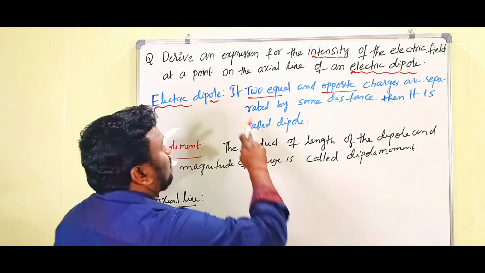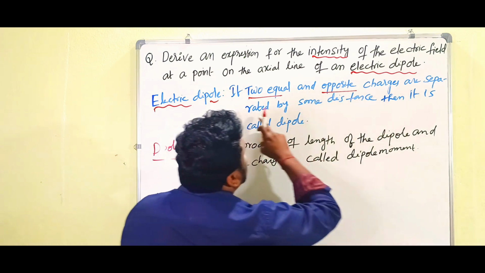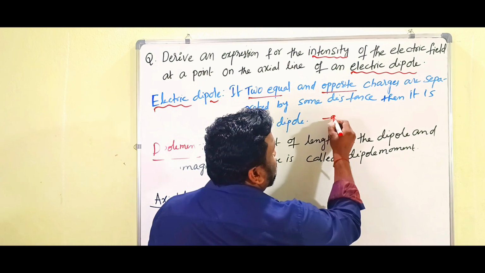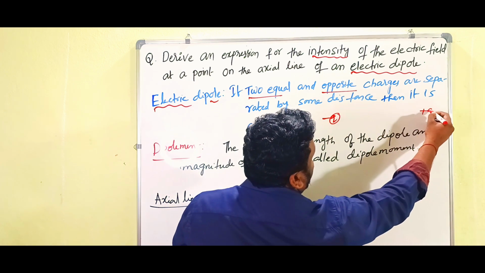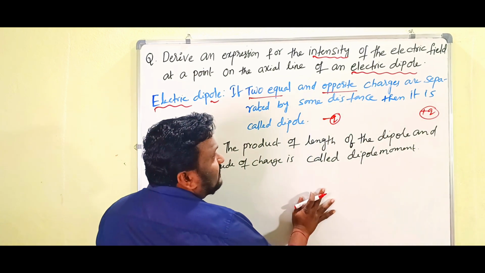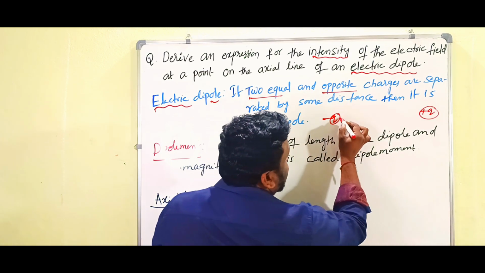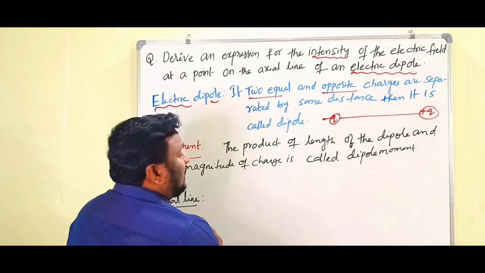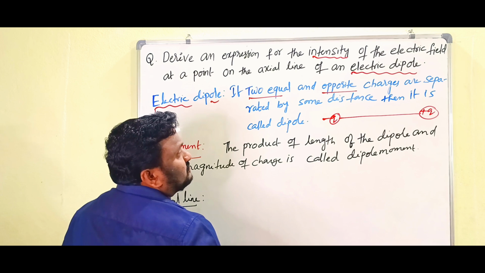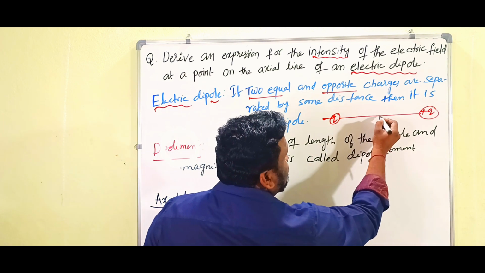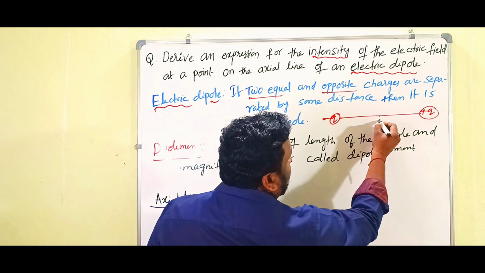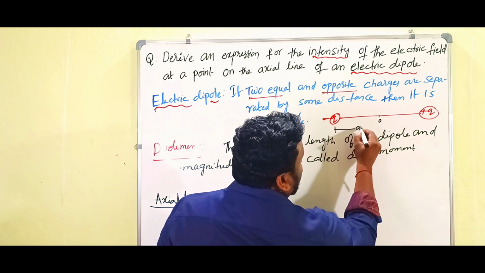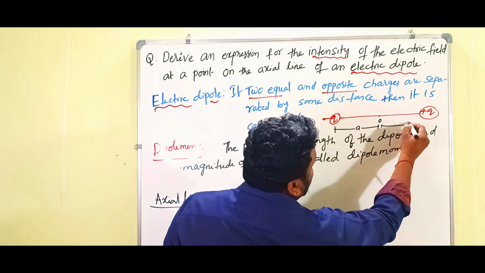Look here, two equal and opposite charges are separated by some distance, then it is called a dipole. This is minus q and this is plus q. Here this is the midpoint of the dipole, and from here to here is a, and this is also a.